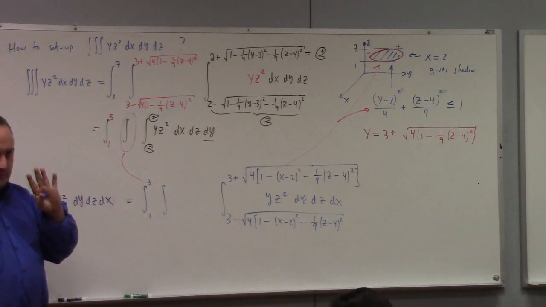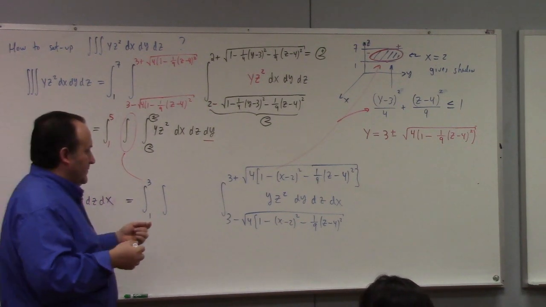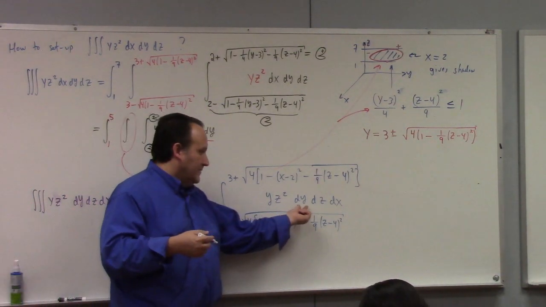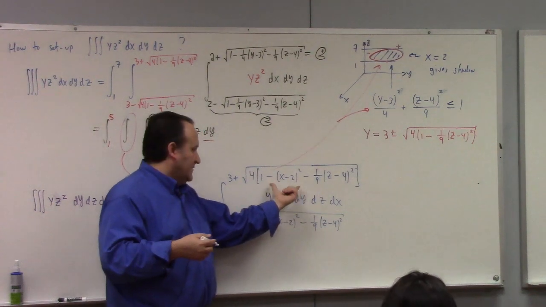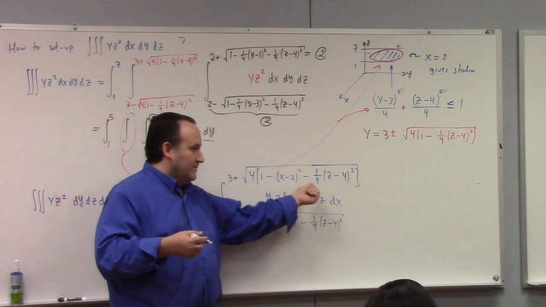Now, some generic features we should be looking for in the bounds for them being logical. Let's just take a step back. There's some simpler things we can observe in the patterns for all the answers I've written on the board. Can you guys point out any of them? As we look at the bound here for y, which is this ugly looking radical expression here and here, what letter is missing?